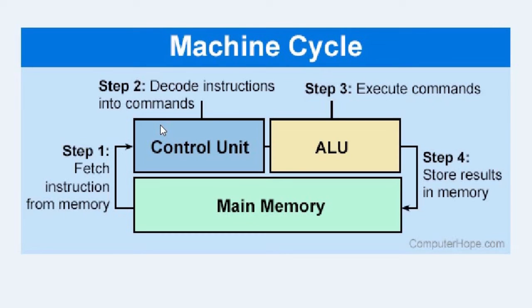The control unit will now unpack the instruction and convert it to commands. Then the ALU will calculate what it will cost to arrive there, and know the different routes that you can take to reach that place.